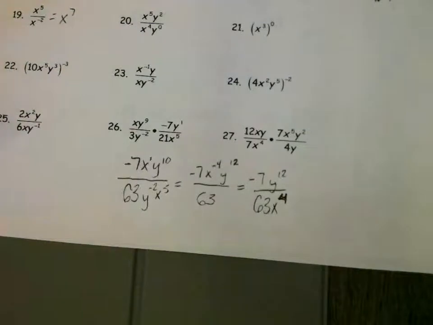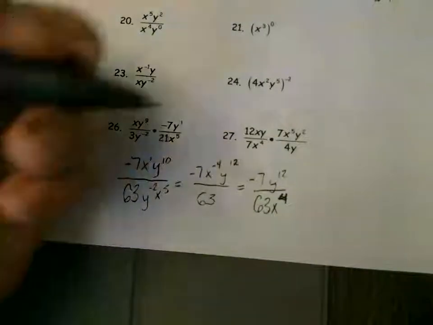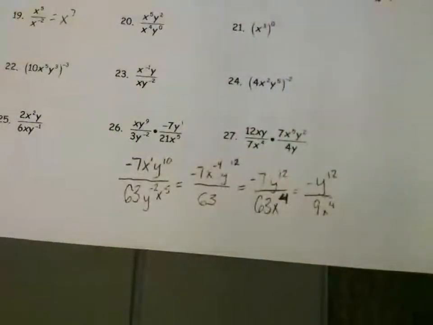Can I simplify my fraction, or in other words, my numbers? 63 and 7. Is there anything we can divide 63 and 7 that is in common? I'm going to tell you right now, you can divide 63 by 7. So we end up with negative y to the power of 12 over 9x to the power of 4.